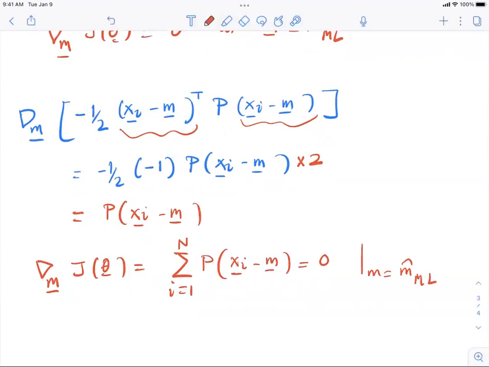So multiply by p inverse on both sides. So the p goes away on the left hand side, and of course p inverse times 0 is 0.